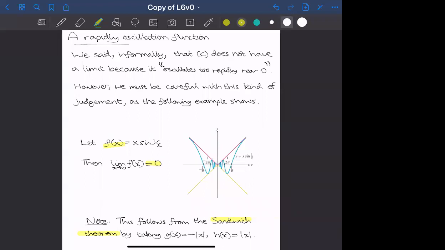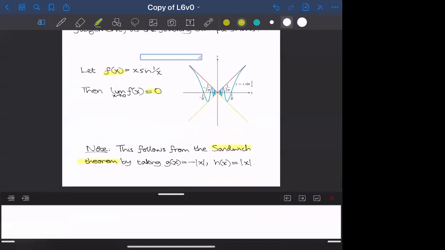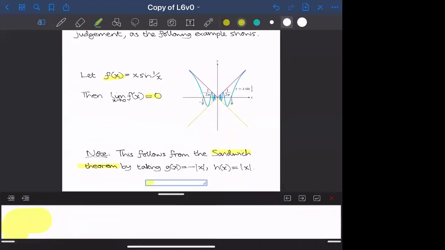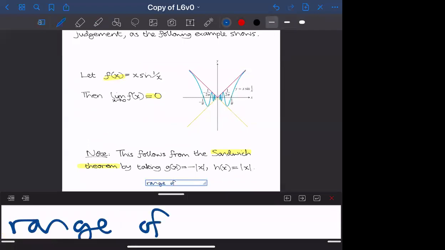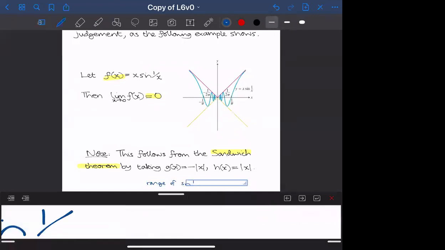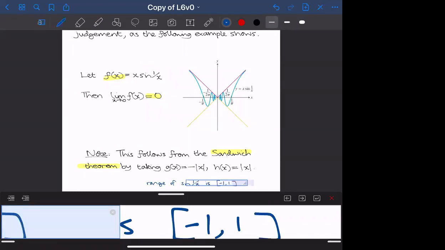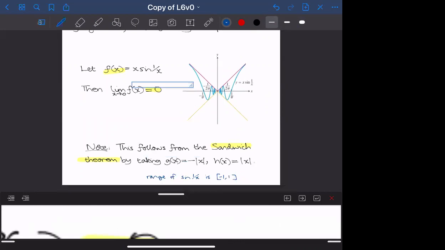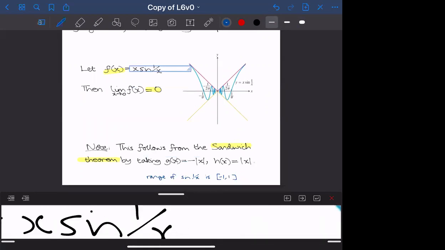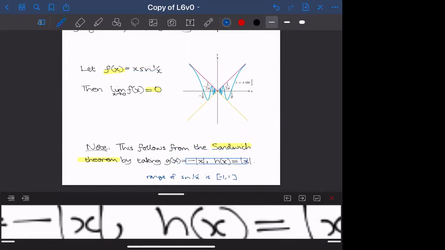This is quite easy to see because we know the range of sine 1 over x. So the range of sine x and also sine 1 over x is minus 1 to plus 1. So in this function, we're multiplying x by a number between minus 1 and plus 1. So this function is sandwiched by these g and h.